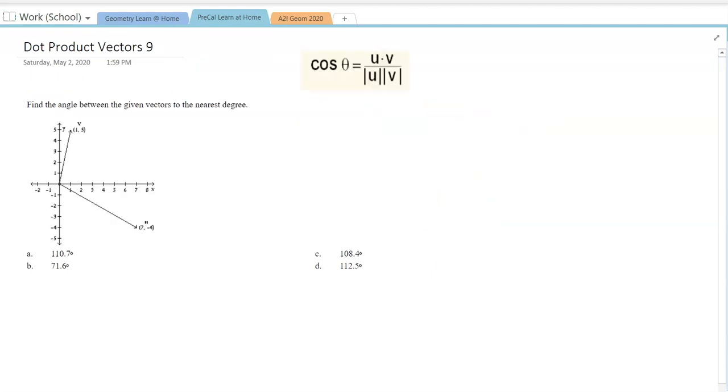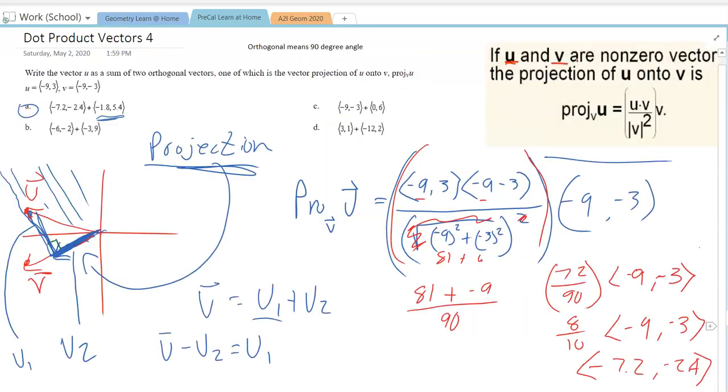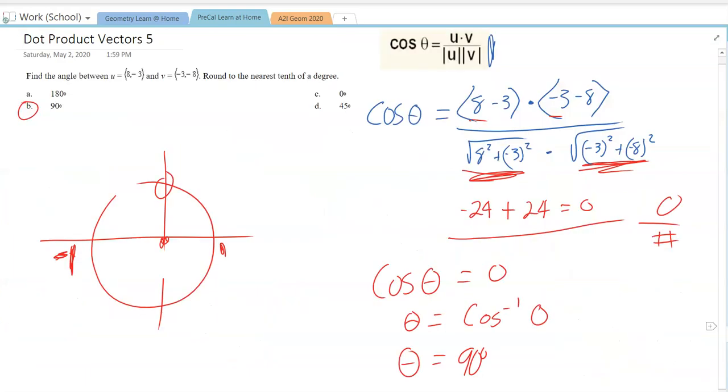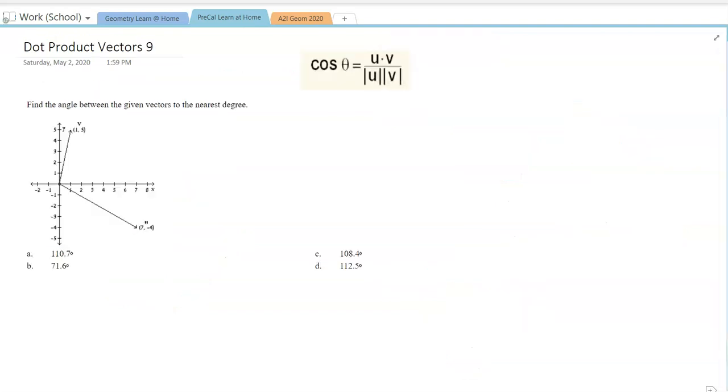All right, so for this one, find the angle between these two vectors to the nearest degree. Although it may look different from some of these other questions, it's the same as these. Hey, look, you got a vector, find the angle between them. Great, we're going to do the same thing for this one.